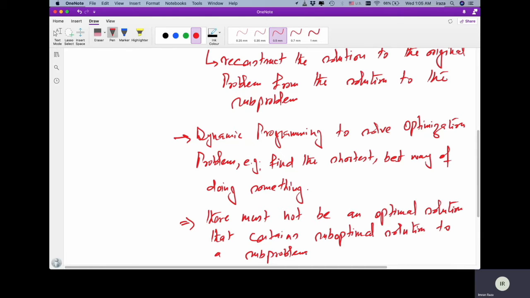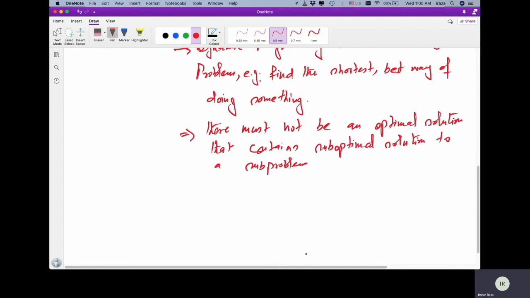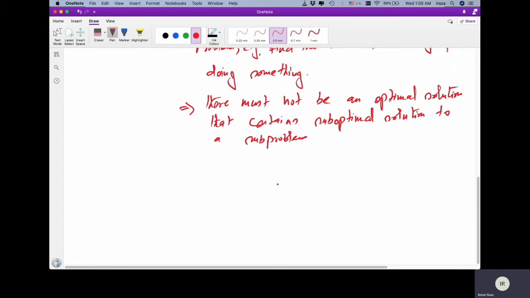The solution of the subproblem has to be optimal also in order to have the optimal solution of the problem. So this distance vector approach was initially proposed by Bellman. Bellman in 1957 proposed Bellman's shortest path algorithm.